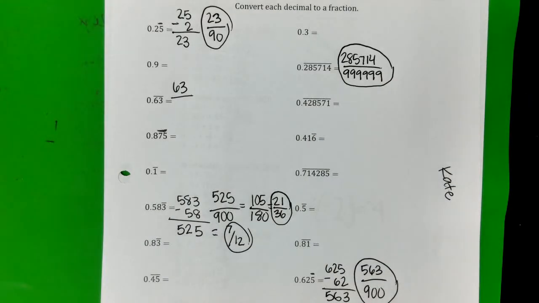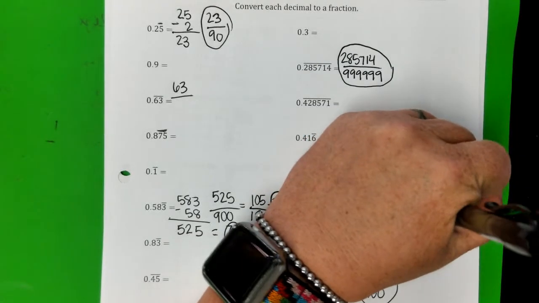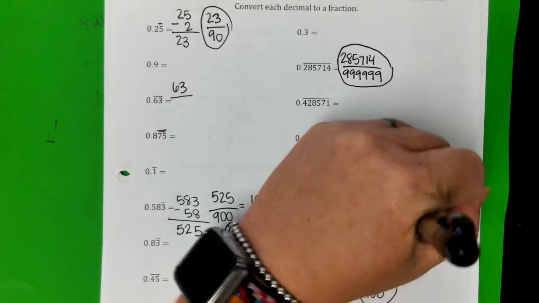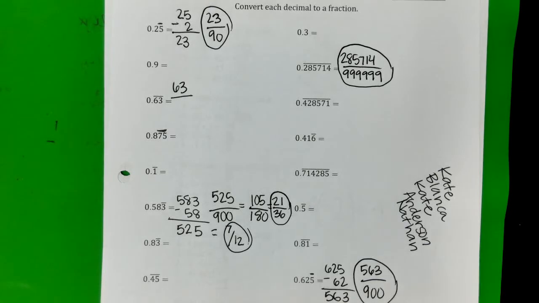Good. A 9 for every number that has a bar over it. So how many 9s does this fraction get? 2 9s. You held up 2 fingers, Nathan? That's answering, bud. All right, so it gets 2 9s.